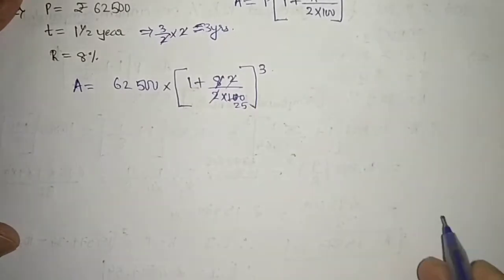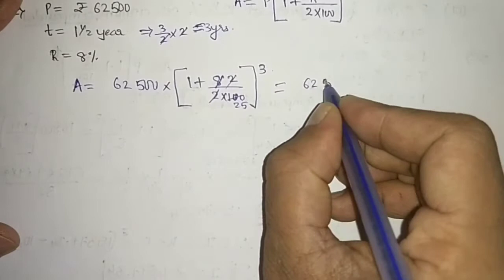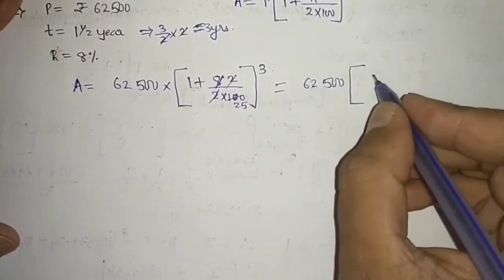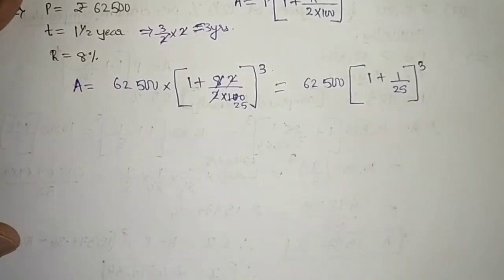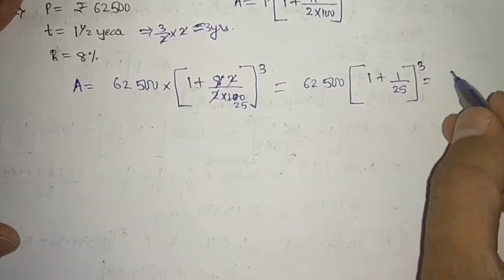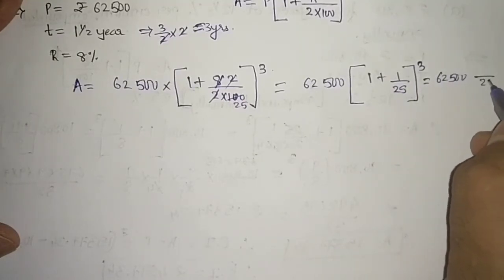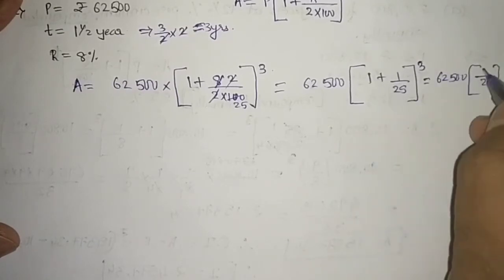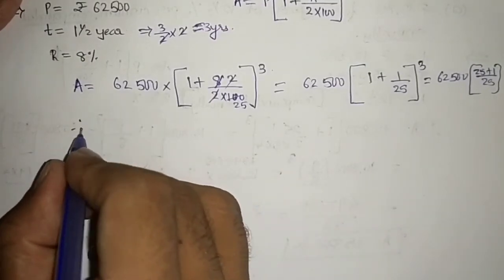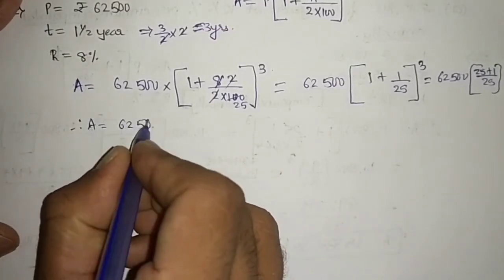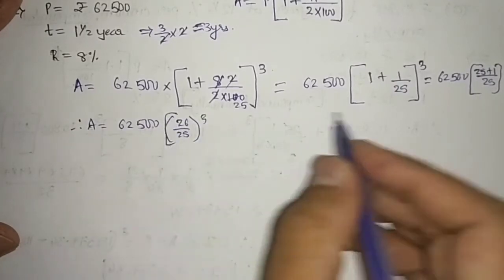Now 2 will cancel out, so we will be left with 62,500 multiply by 1 plus 1 by 25 raised to power 3. While solving it further, the LCM is 25, so we get 25 plus 1, 26. Therefore amount is equal to 62,500 into 26 divided by 25 raised to power 3.